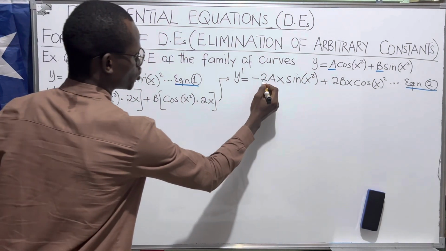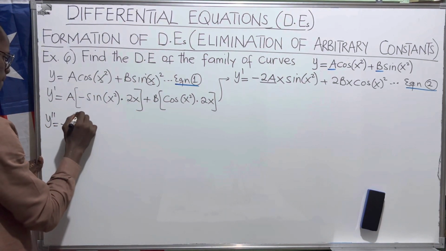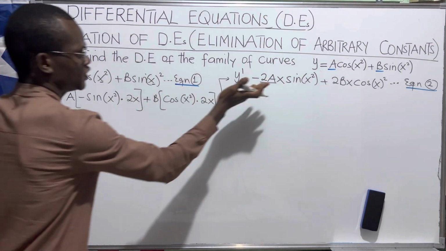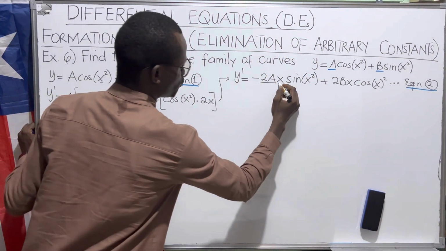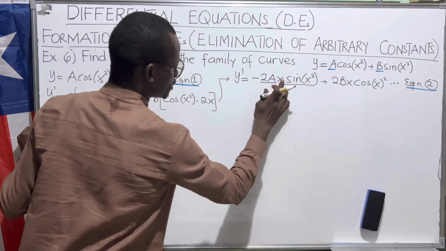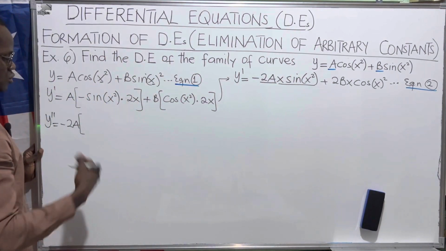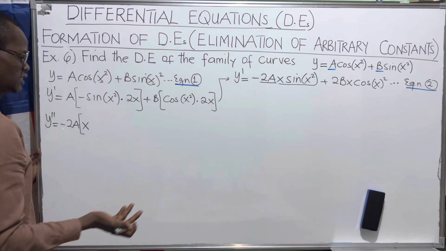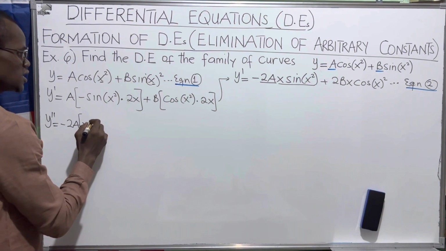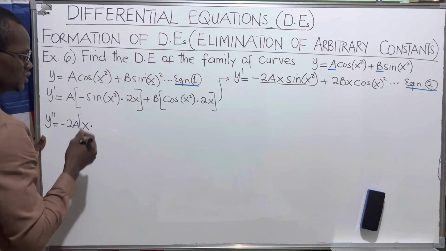We hold on to minus 2a, and then we differentiate x sine of x squared. Since we have 2 factors, a linear function and a trigonometric function, you hold the first factor, x, and differentiate the next factor, sine of x squared.